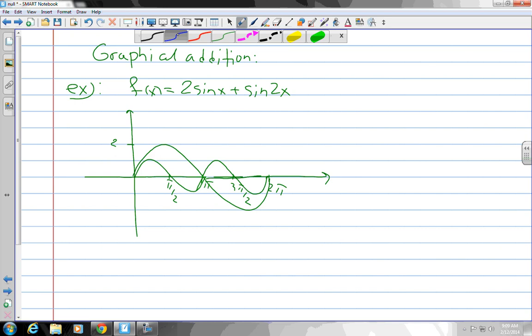So then I'm literally going to add the values of those functions. What I mean by that is, let's say you take a height of one function and you add it to the value of another function. So I'm taking this distance and I'm putting it on top of one of the graphs. So that's a new point.